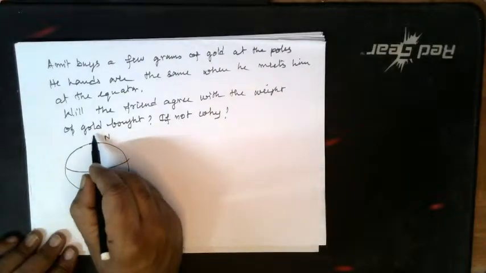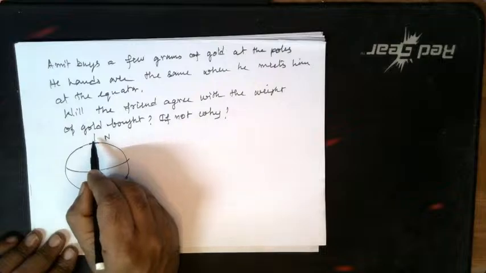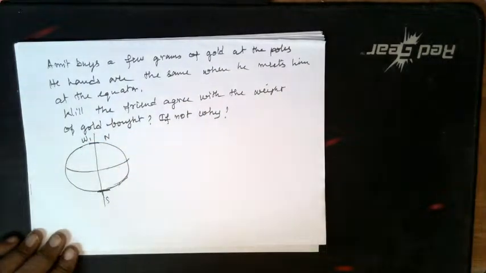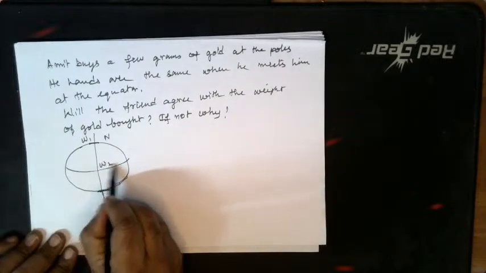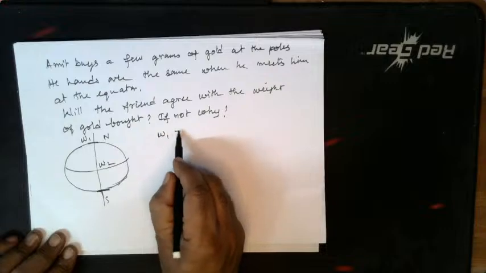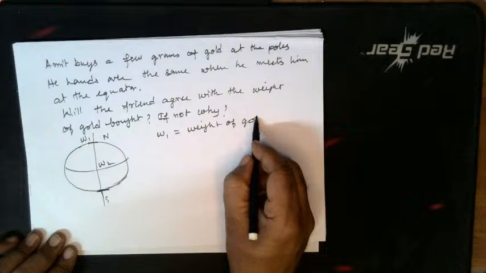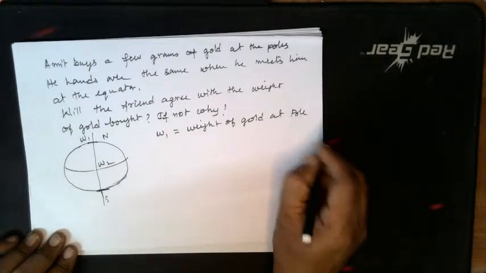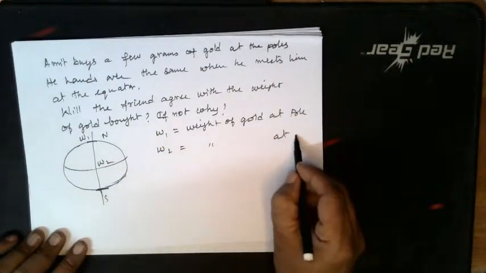Let me say he has bought at the North Pole, so the weight at the North Pole is W1. And he is selling at the equator. Let me say this is W2. Take down: W1 is the weight of gold at the pole, North Pole or any pole, and W2 is the weight of gold at the equator.